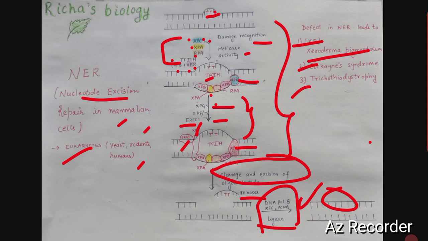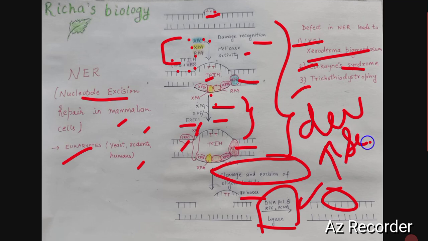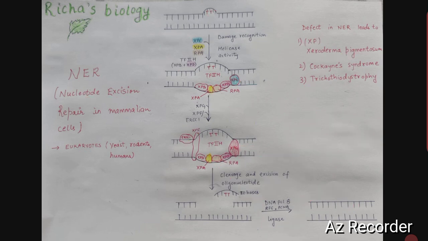Next comes Cockayne syndrome. It is a rare genetic disorder which is characterized by impaired development, or you can say premature aging and extreme sensitivity to sunlight. Next comes trichothiodystrophy.